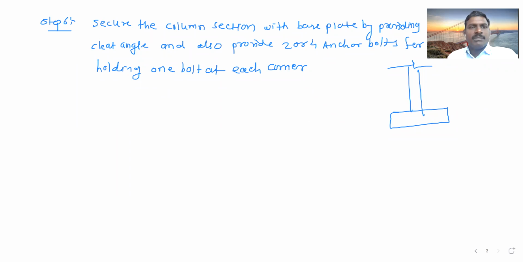Now you can see, tell me what is the meaning of this sentence. Who will tell me? You have seen the sketch, you have seen where we have provided anchor bolts, and where we have provided cleat angle. So what is the meaning of this sentence? Please tell me. Who will tell?